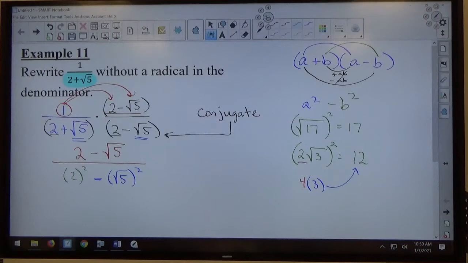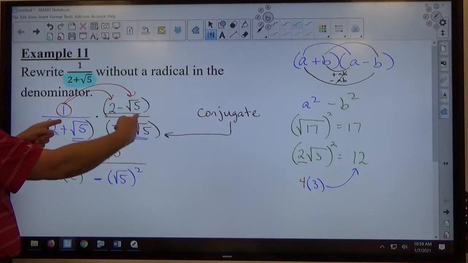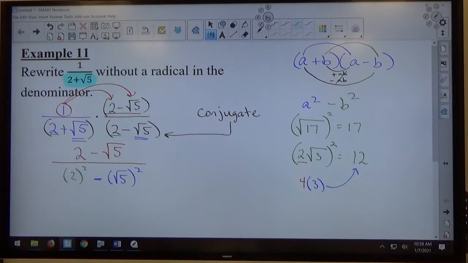You can feel free to do FOIL if you want to, but the outside and inside products are opposites. Negative 2 square root of 5, positive 2 square root of 5, they cancel. So instead of doing FOIL, the O and the I cancel, you can do FL on that if you want to. Positive times positive makes positive, positive times negative makes negative, and you're just getting them squared.